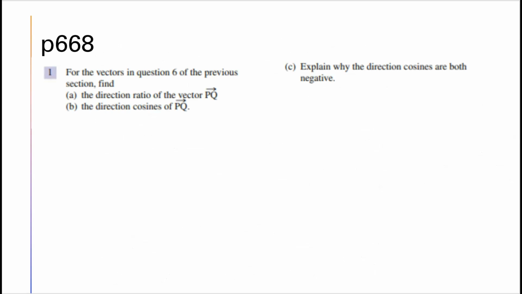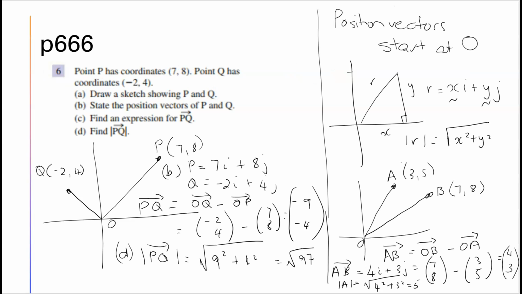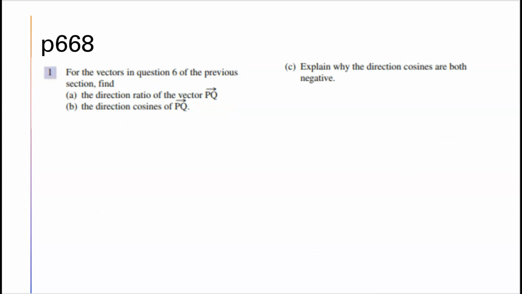Let's find the vectors in question 6 and find their direction ratios and cosines. This is the one here where we've got -9, -4. So this is where we got to.